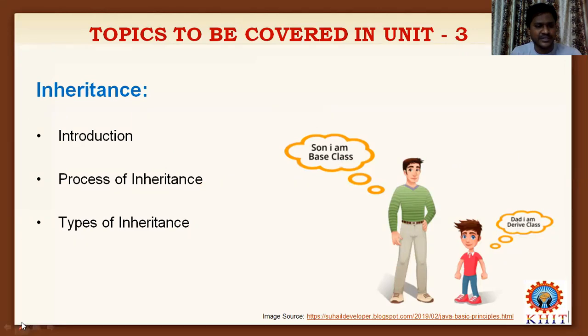The first one is the introduction and process of inheritance, nothing but the basics of inheritance, how inheritance can be extended for using classes, and the types of inheritance used in the Java programming language.